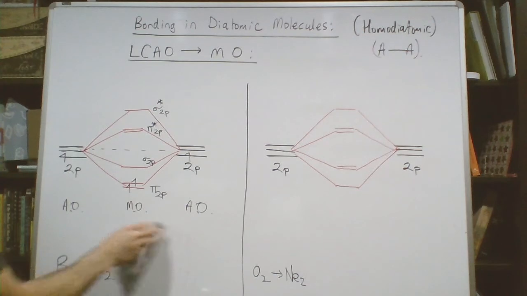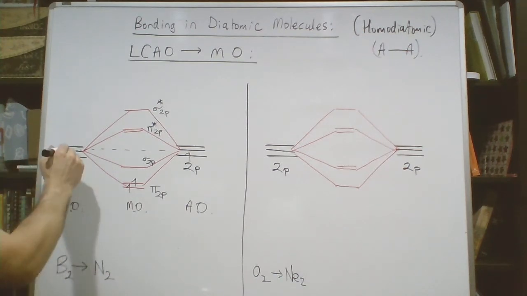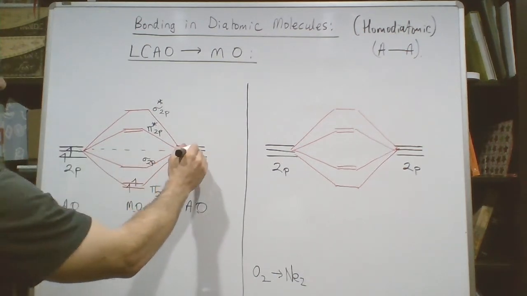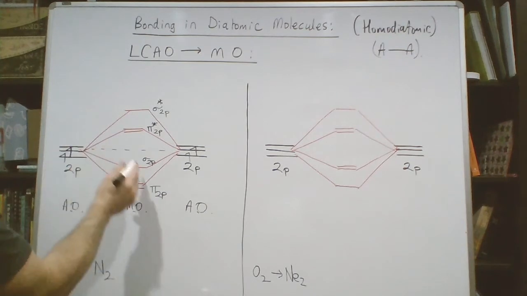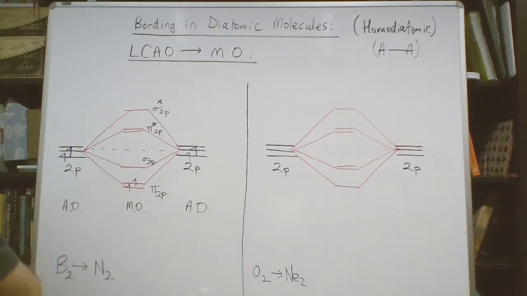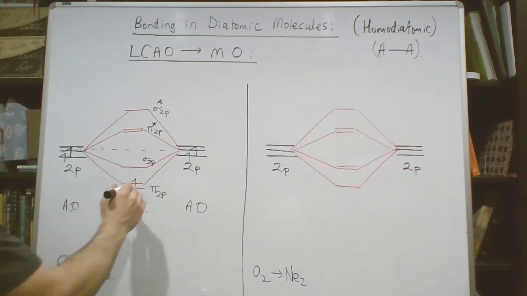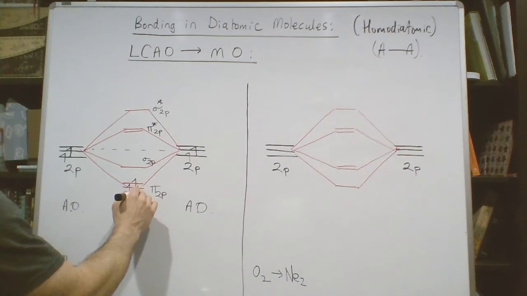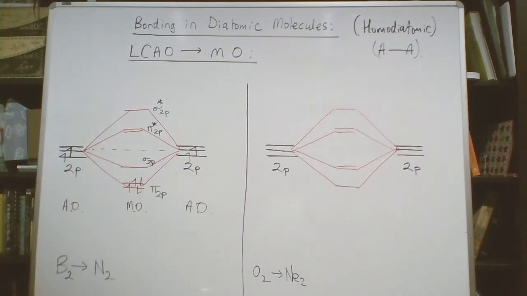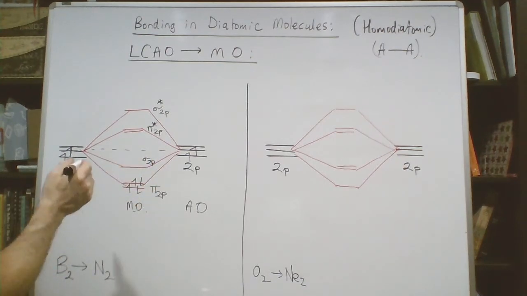So dicarbon, we've just got the extra electron for dicarbon, which would mean it would go into the next orbital here, the next one up.